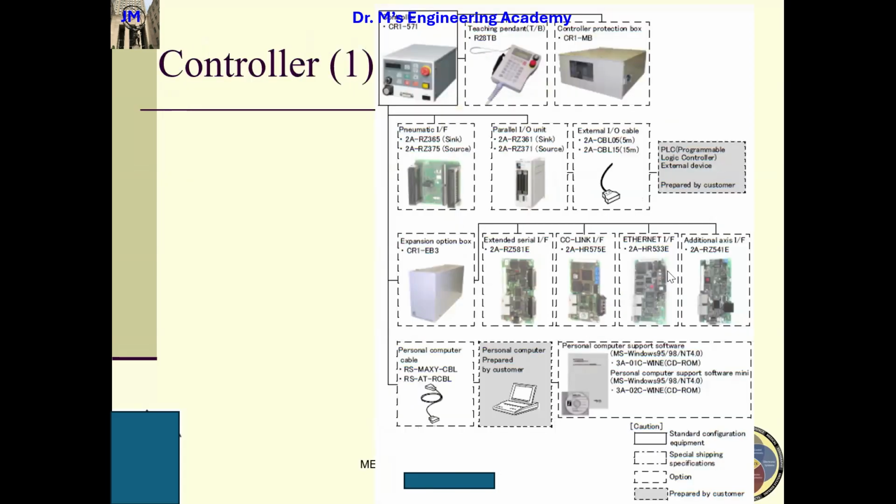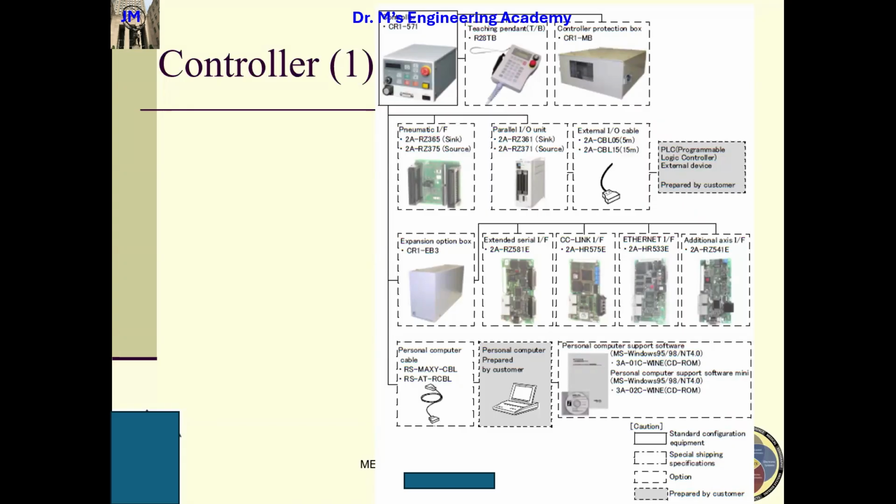Here is a controller. And here is a teach pendant for the RV series. You can hold the teach pendant with your left hand and use your right fingers to press the corresponding buttons to accomplish what you want.